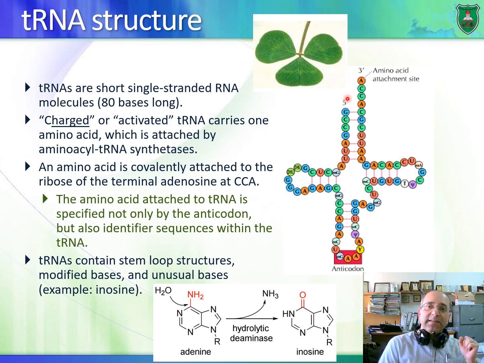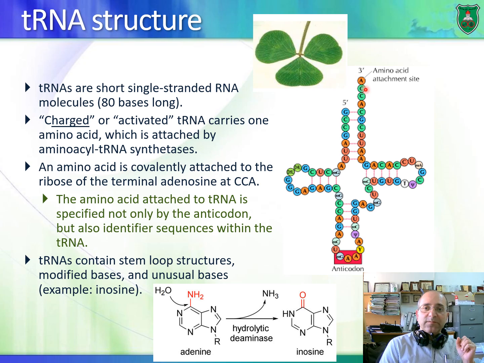Now, attachment of amino acids to tRNA molecules is catalyzed by enzymes known as amino acid tRNA synthetases. Now, what these enzymes do is that they recognize the tRNA, and there are multiple synthetases, by the way.